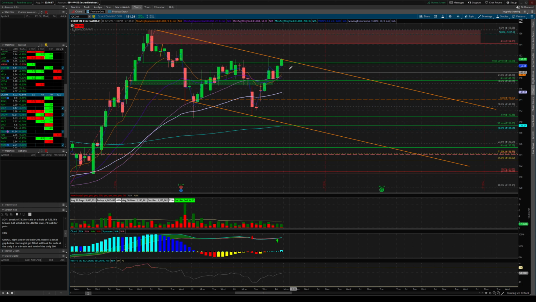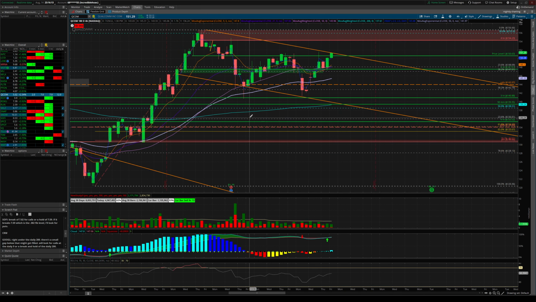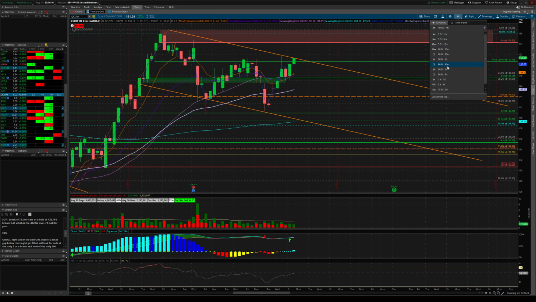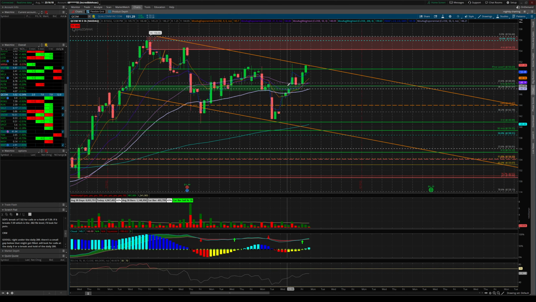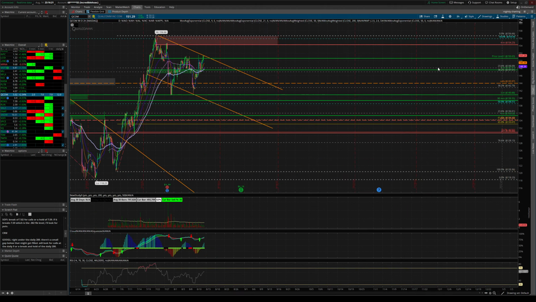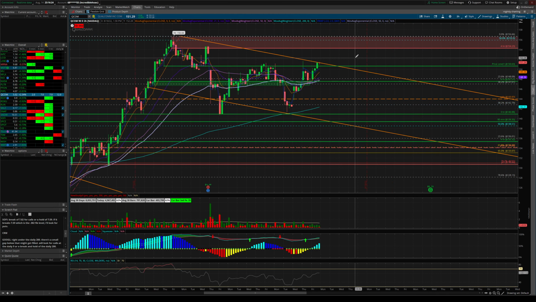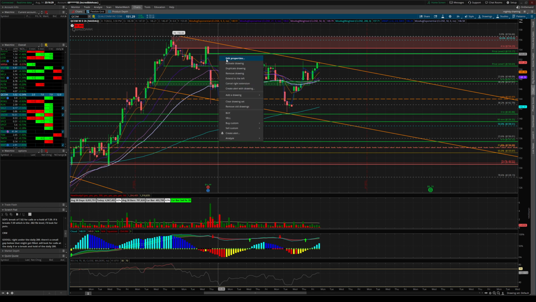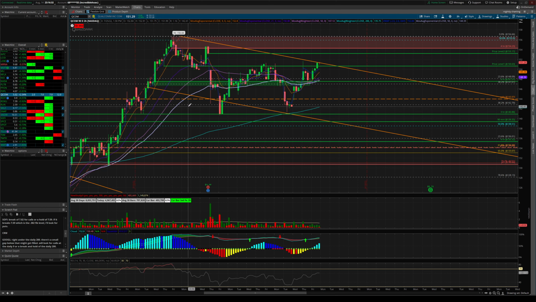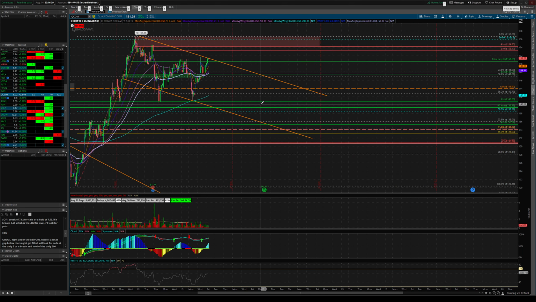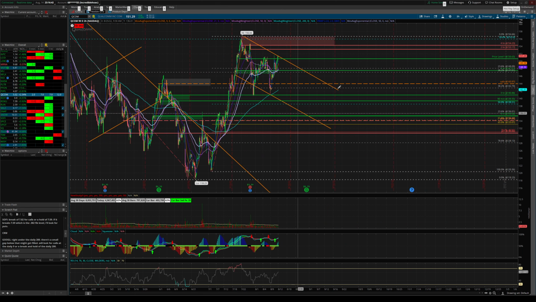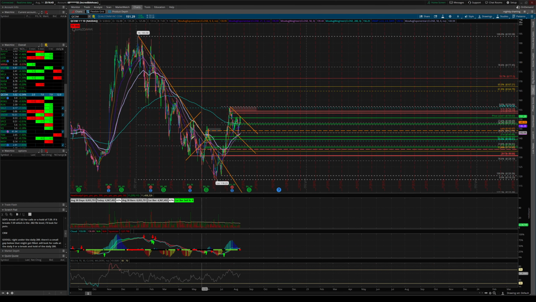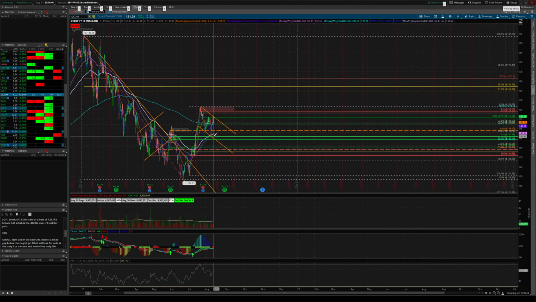Daily, 4 hour. Right here, it's going to be an area of supply. Looks like I have two sets of Fibonacci levels here, so let me see what was what.